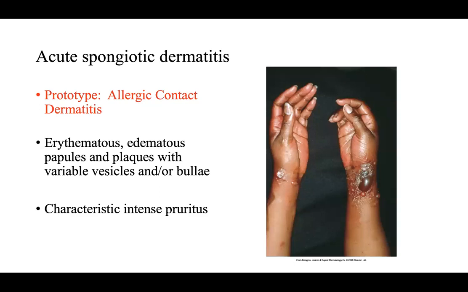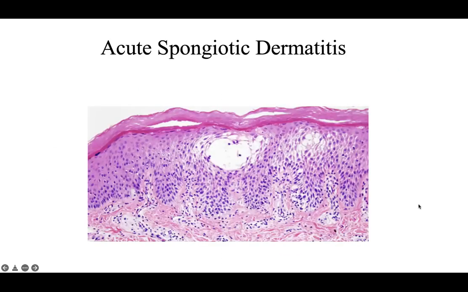So let's start out with acute spongiotic dermatitis. Acute spongiotic dermatitis is defined by a prototype, where the prototype is actually allergic contact dermatitis because it demonstrates it very well. What you'll see are these very noticeable large spongiotic vesicles within a background of a spongiotic epidermis.